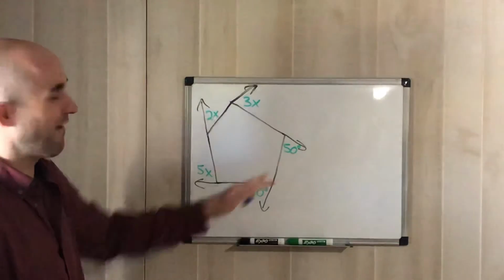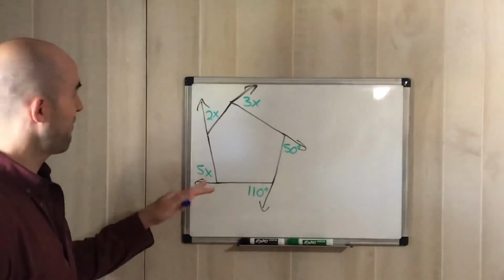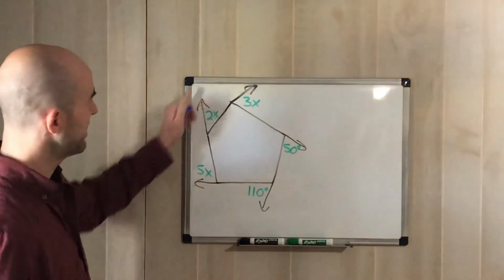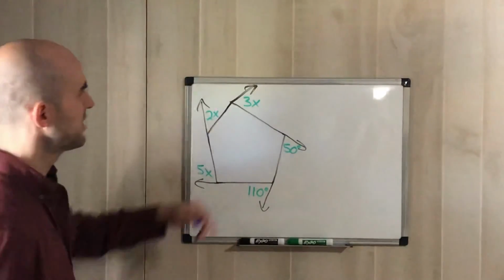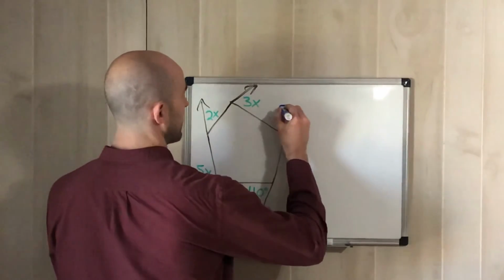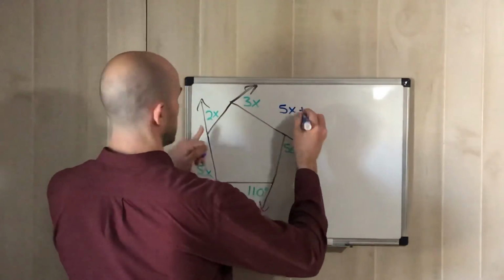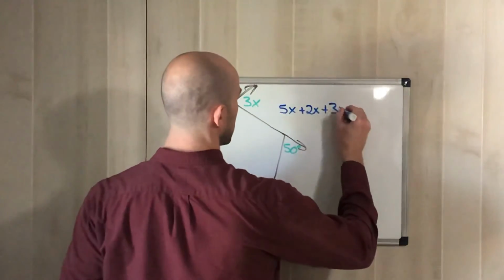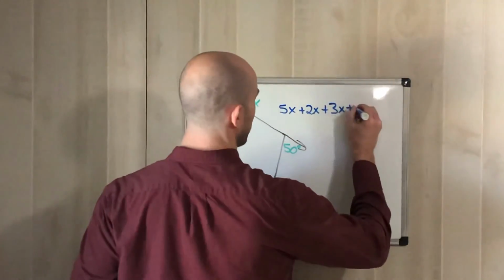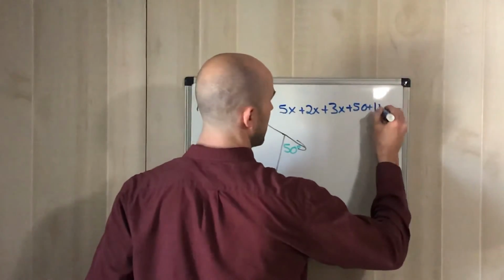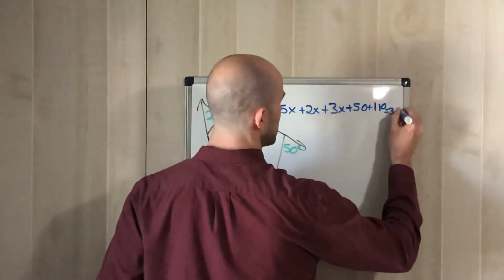Again, we have a 5-sided figure, right? A 5-sided figure, we're going to learn, is a pentagon, right? And whenever we're dealing with exterior angles, add them all up, set them equal to 360. So it's going to end up being 5x plus 2x plus 3x plus 50 plus 110 equals 360, right?